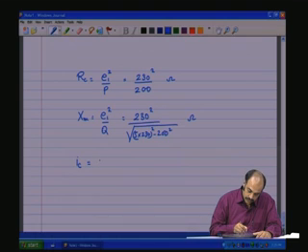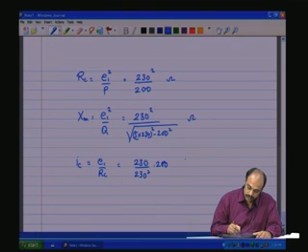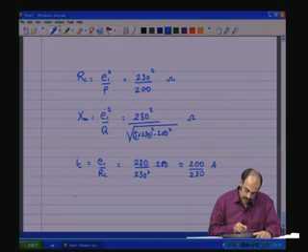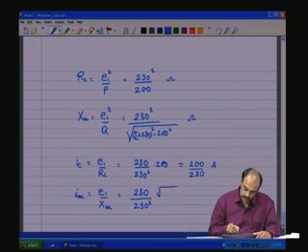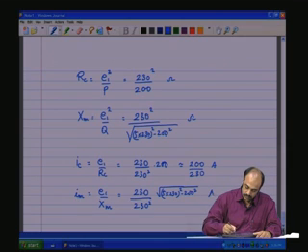Now, IC is equal to E1 by RC, which is equal to 230 divided by 230 square into 200, which is equal to 200 by 230 amps, and IM is equal to E1 by XM, which is 230 divided by 230 square root of 5 into 230 square minus 200 square amps.